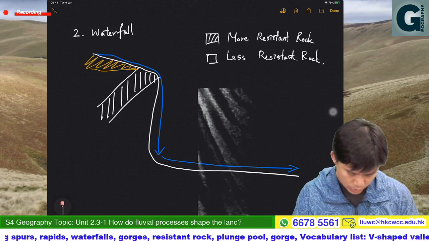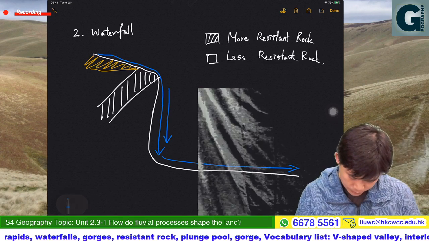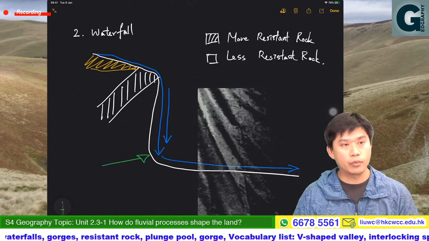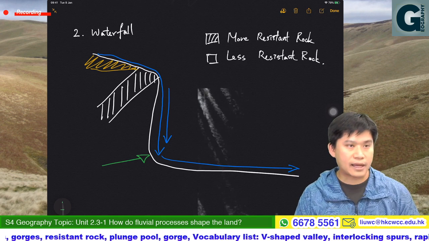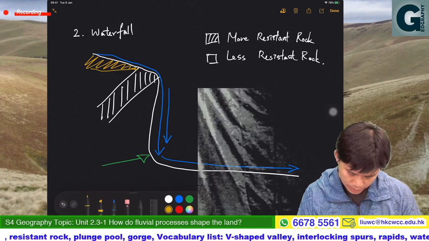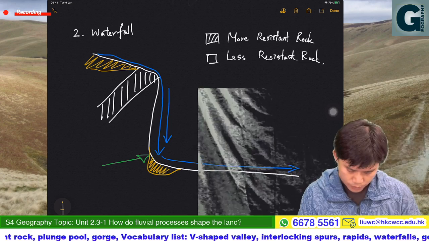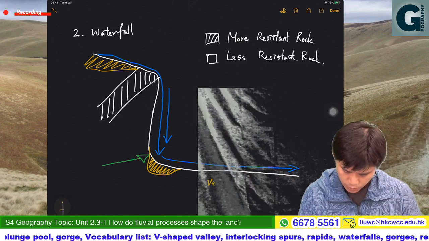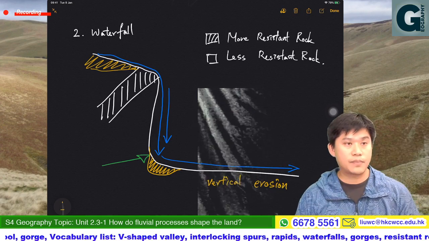And you can see that when the water flows here, at the bottom of the waterfall, it would experience a very large hydraulic action, the force of the flowing water. So again, for this part, there will also be vertical erosion that may take place.